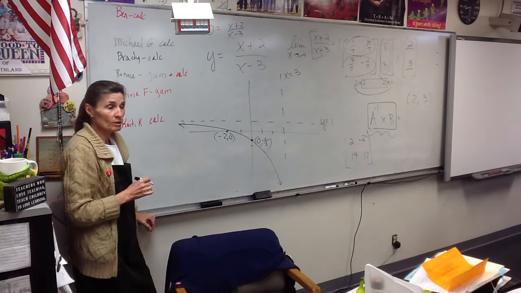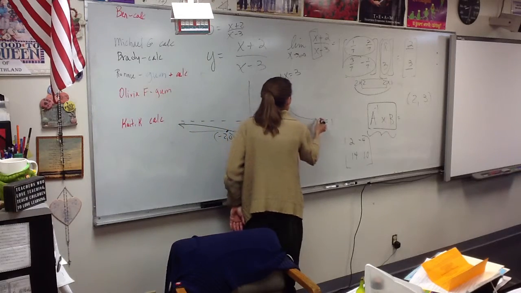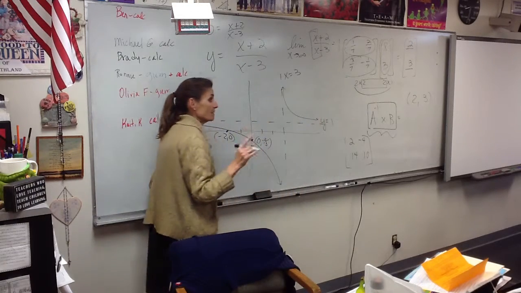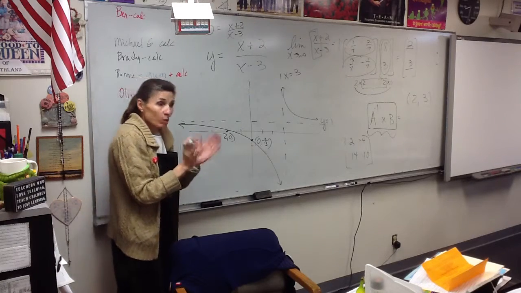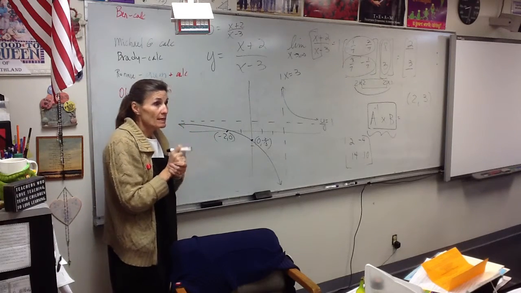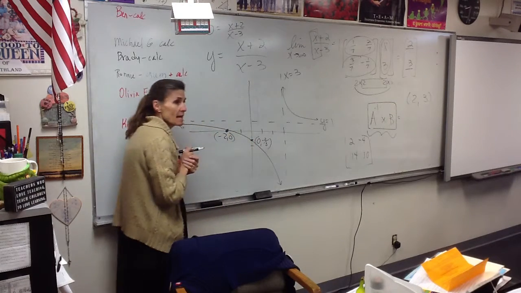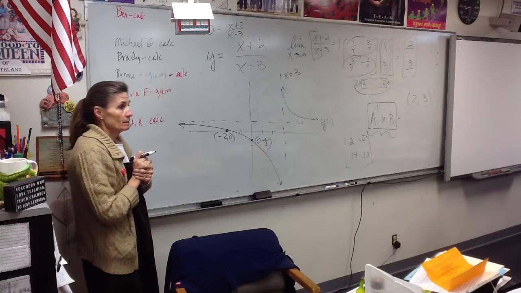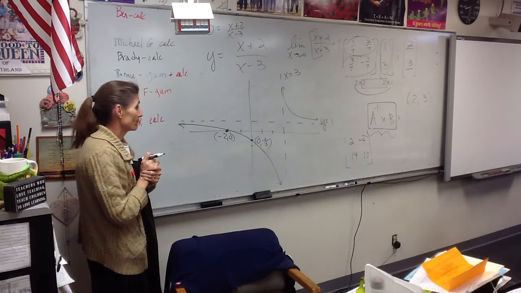There's another piece to it though, isn't there? Right up here. Now again, if you are all uncomfortable with that, plot some points. Keeping in mind though, that these are the only two places you can cross the axis. There's no other places you can cross an axis in this picture.